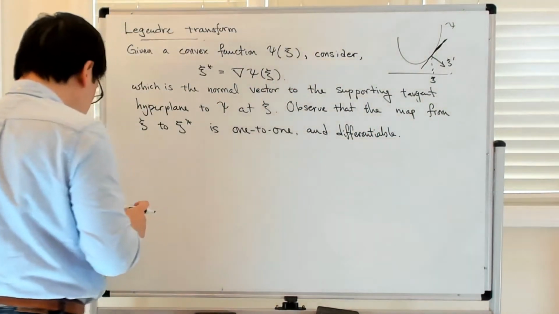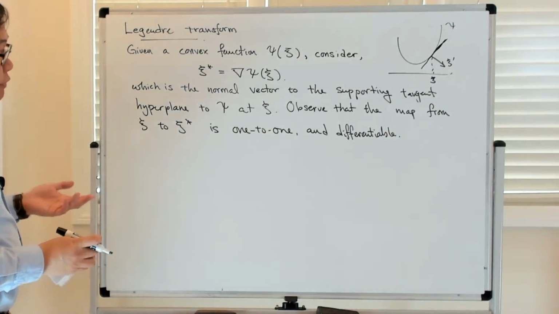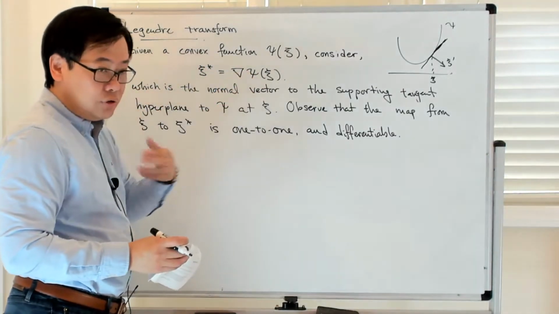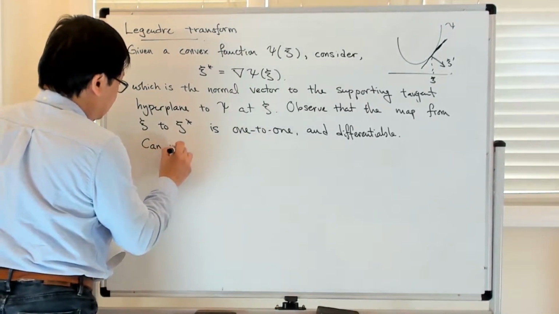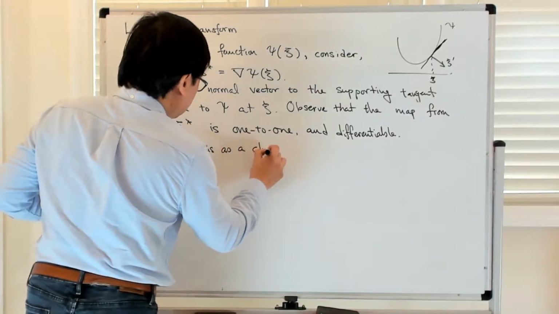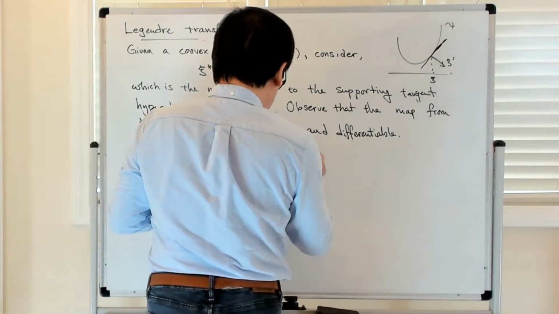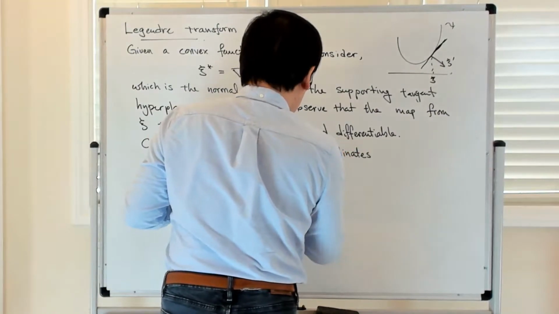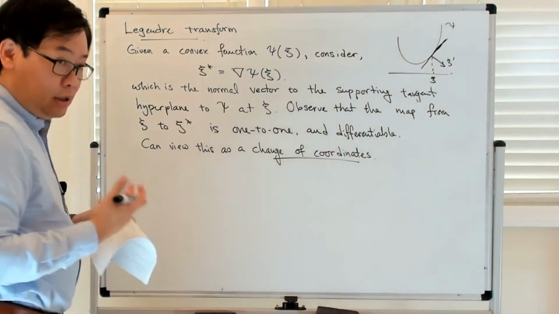Because it's one-to-one and differentiable, you can imagine that this transformation gives you a change of coordinates. We can view this as a change of coordinates, and this transformation is called the Legendre transform.